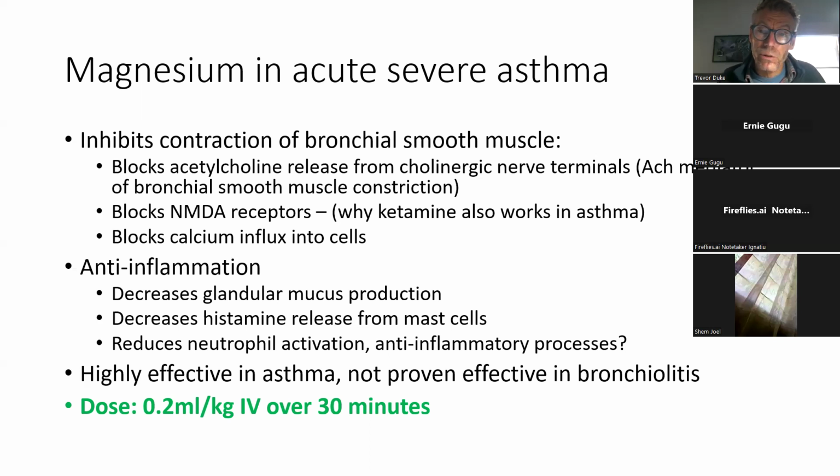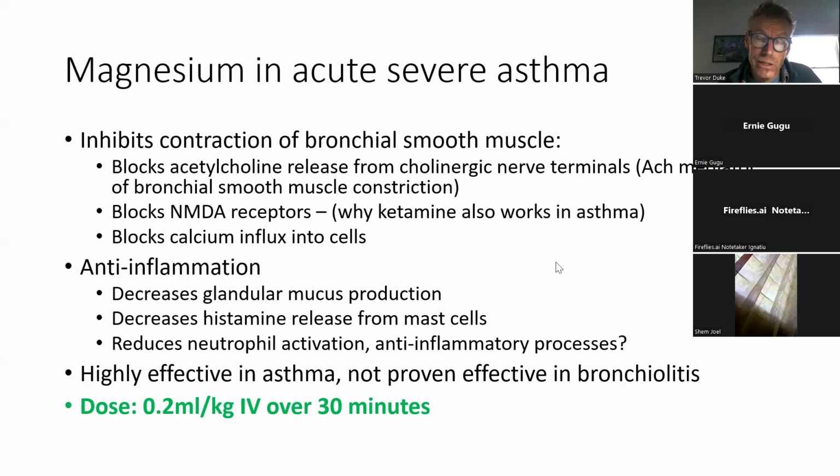We don't know yet whether it works in bronchiolitis. Probably not, but it certainly works in children with asthma. So if I have a child who is bronchodilator responsive when you give them a trial of salbutamol, but yet they're not improved sufficiently and they're still moderately or severely unwell, then add magnesium on top of that.